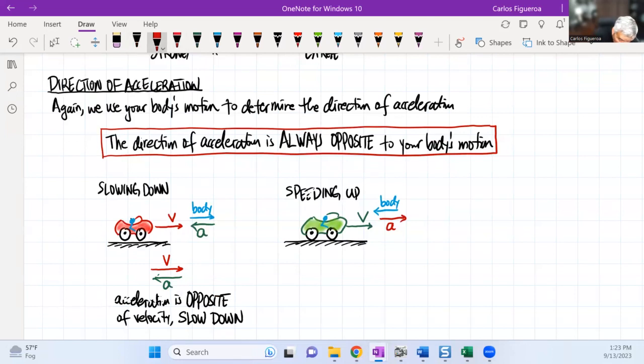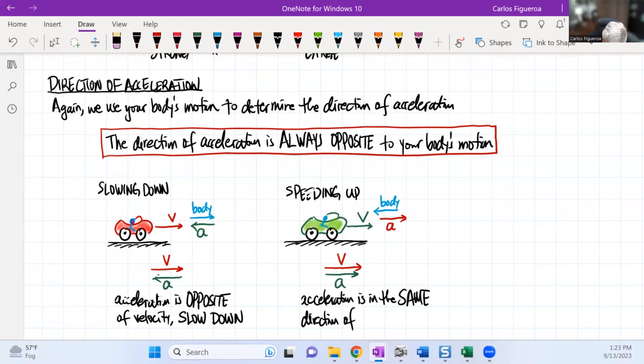If the velocity is in the same direction as the acceleration, so then here, the acceleration is in the same direction as velocity, then we speed up.